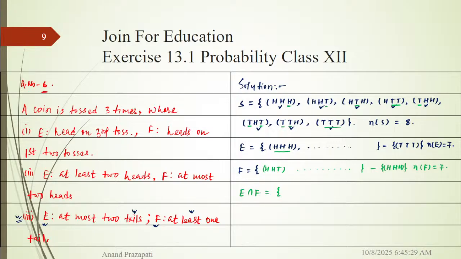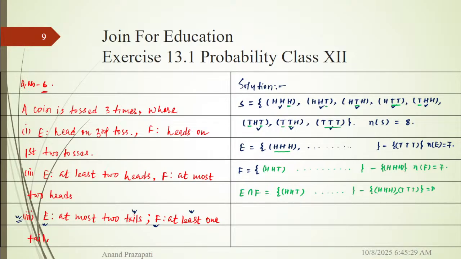So we write down here H, H, T, or all sample point except H, H, H, and T, T, T. So here will be what?